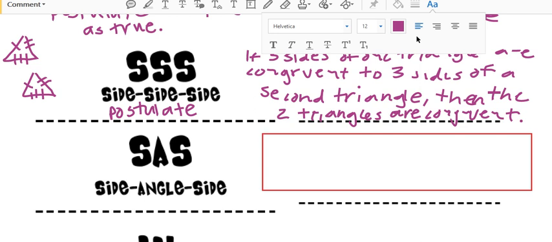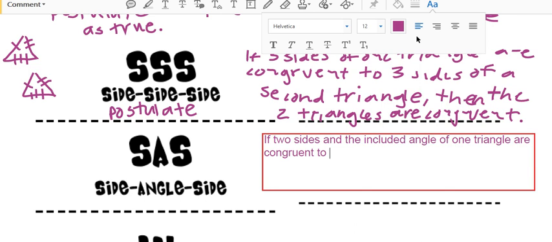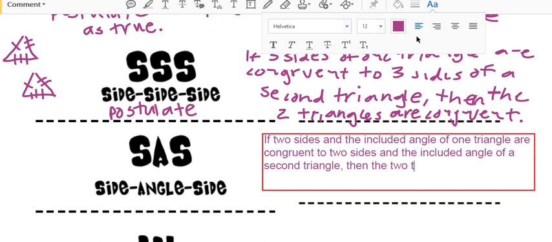What side angle side says is, if two sides and the included angle of one triangle are congruent to two sides and the included angle of a second triangle, then the two triangles are congruent.